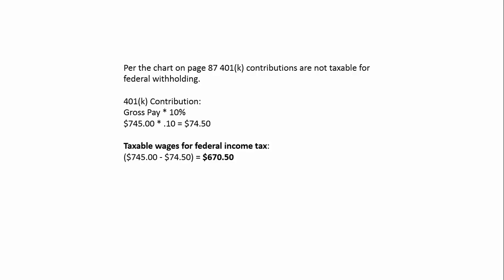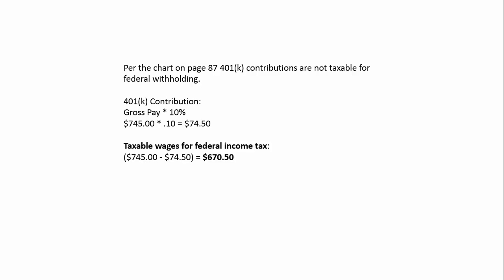The first thing we need to figure out is: is his gross pay the same as his taxable pay for federal income tax? Per the chart on page 87, we see that 401k contributions are not taxable for federal withholding.